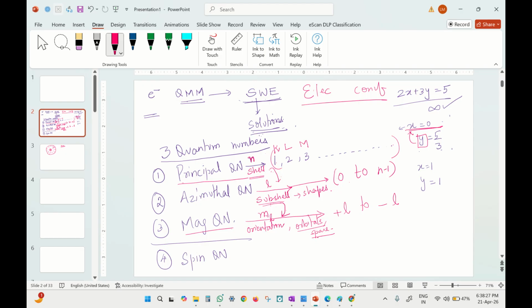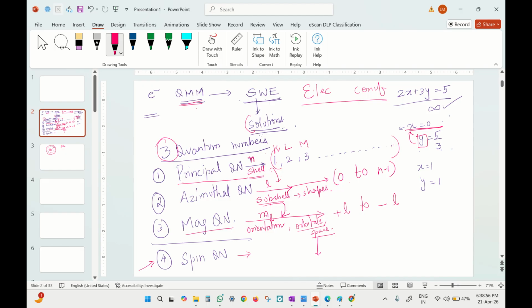Now one such space or one such orbital can hold a maximum of 2 electrons. And those 2 electrons are assigned the spin. You remember I told you that the quantum mechanical model allows us to describe the solution in terms of only 3 quantum number values.